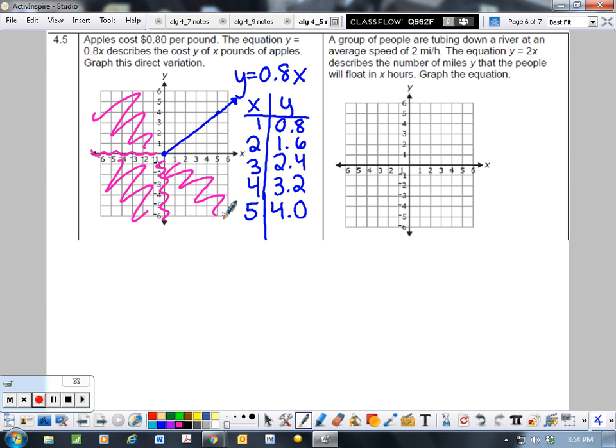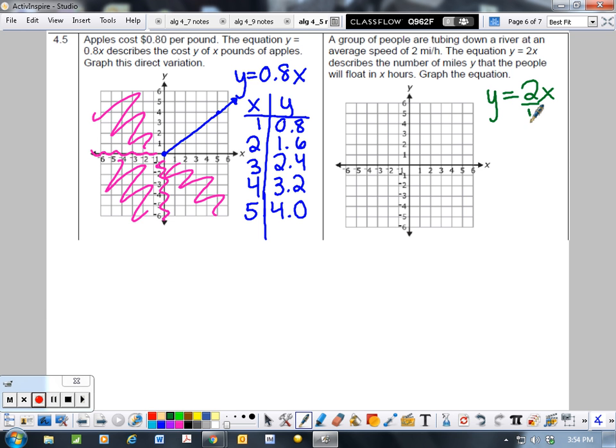Okay, so let's look at our next situation. We have a group of people tubing down a river at an average speed of 2 miles per hour. The equation y equals 2x describes the number of miles y that the people will float in x hours. Graph the equation. So y equals 2x. So from here we can do a table, or we've been graphing these enough to know what to do with this.